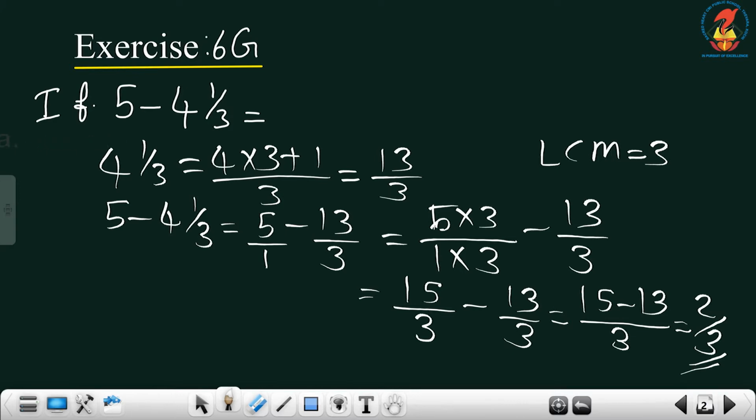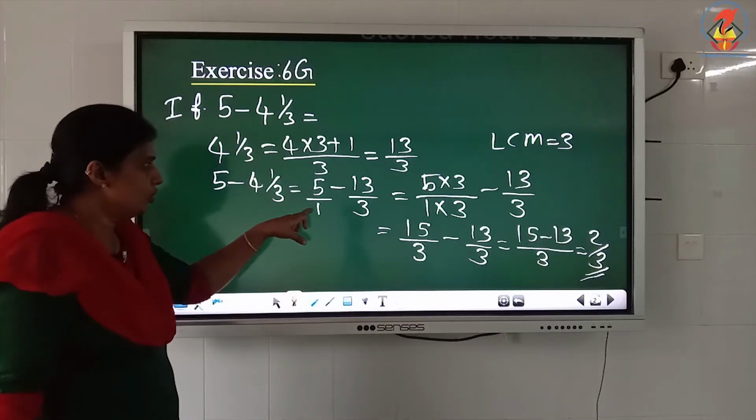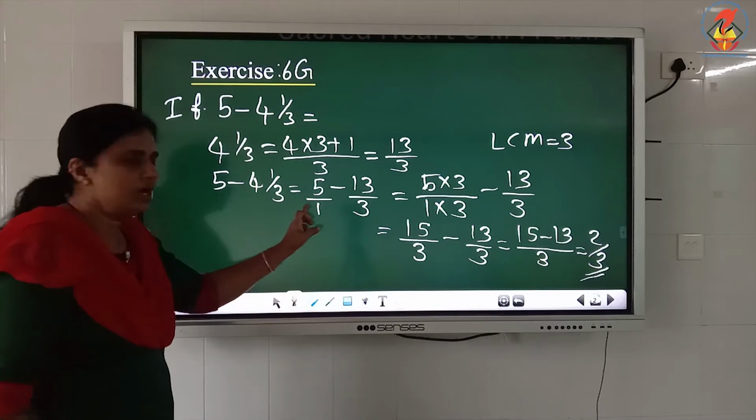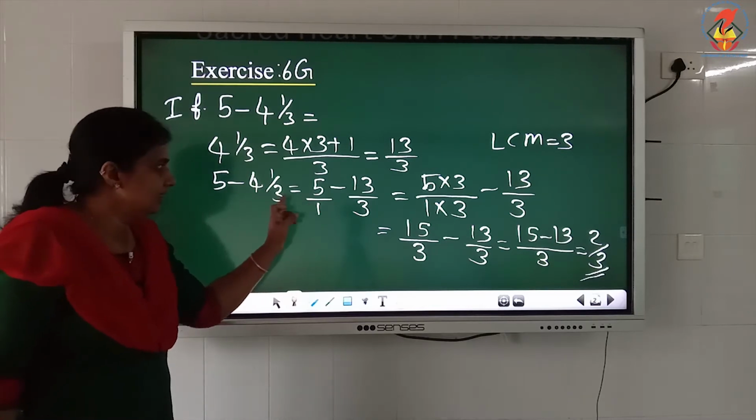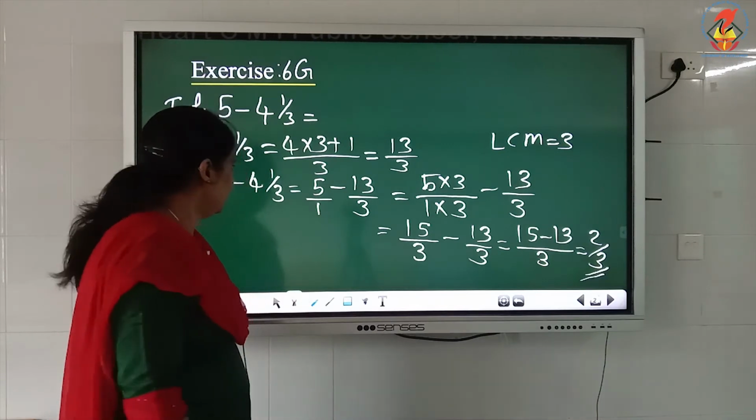Okay, is it clear? The whole number 5 is 5 divided by 1 minus, it will become what? 4 3s are 12, 12 plus 1, 13 by 3. And after that there is no denominator, right? So I put it here as 1. Now it became 5 by 1 minus 13 by 3.